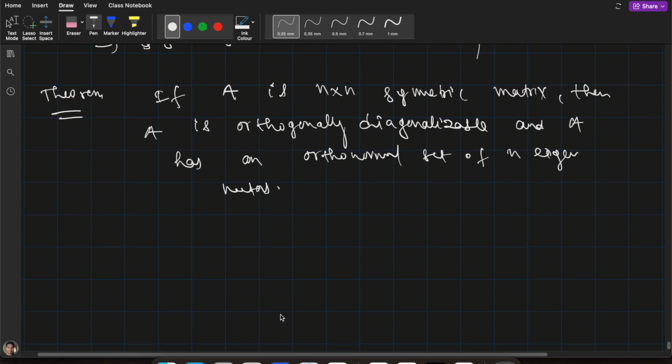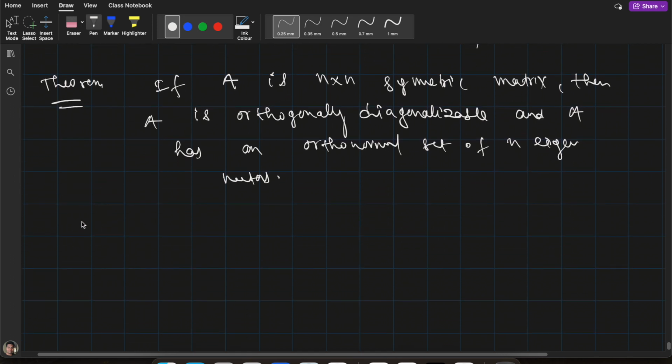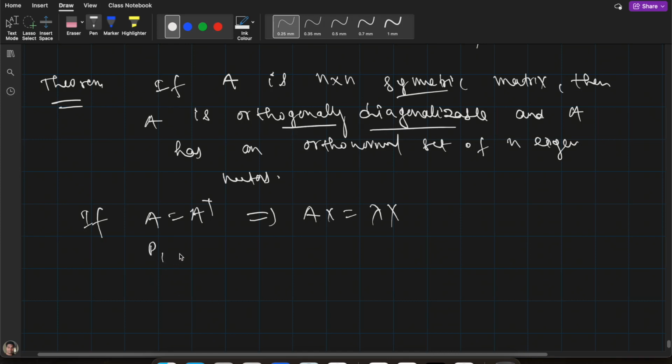So which means that suppose A equal to A transpose, and after solving Ax equal to lambda x of this symmetric matrix, then that diagonalization is called orthogonal diagonalization. And whatever you will get as eigenvectors p1, p2, p3, those eigenvectors will be actually an orthonormal set.